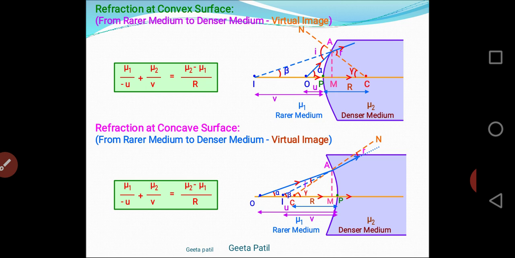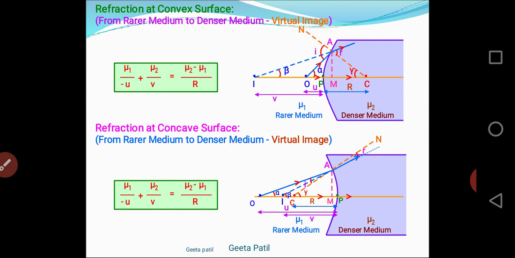Now, what is meant by real object, virtual object, real image or virtual image? This question might be in your mind. Real object means when a diverging beam of rays is incident on a spherical refracting surface, the point where the rays drawn backwards meet is considered as a real object for refraction.